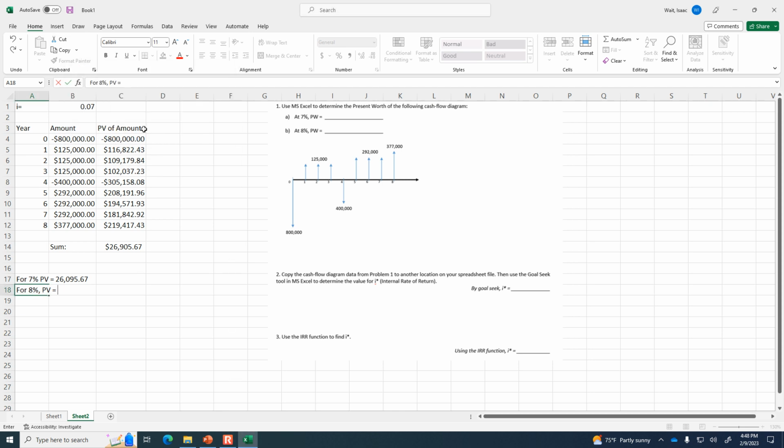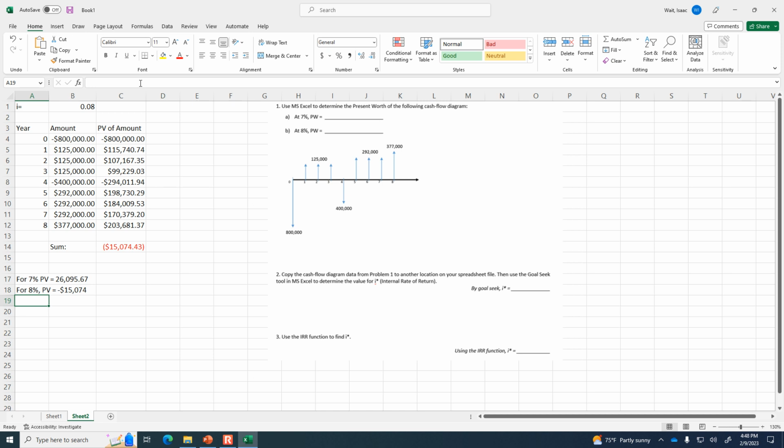Let me catch up to you. I think everybody's kind of ahead of me at this point. So at 7%, it's 26,905. If I do it at 8%, 0.08, then it's negative 15,074.